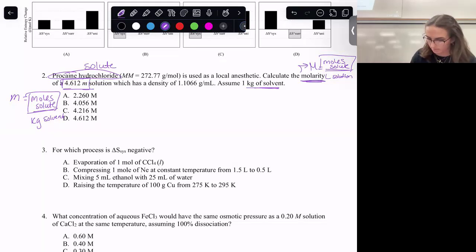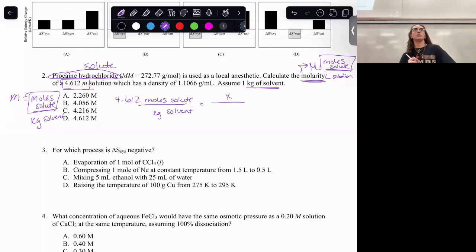Yep. And we're going to say that 4.612 moles solute over kilograms solvent is equal to X over what? Yep, we're going to say 1 kilogram.